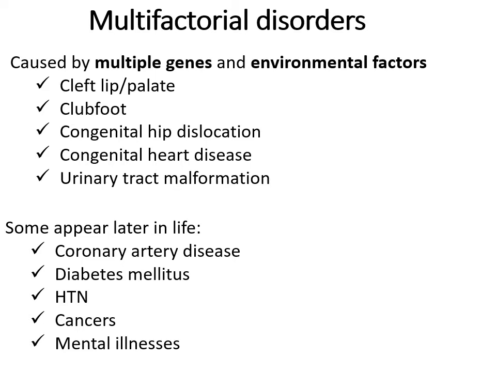Hypertension is more common. It runs through families. A variety of different cancers. So, for example, breast cancer can be genetic. Ovarian cancer can be genetic. So there's all kinds of cancers that patients get that their offspring then have a higher chance of acquiring.